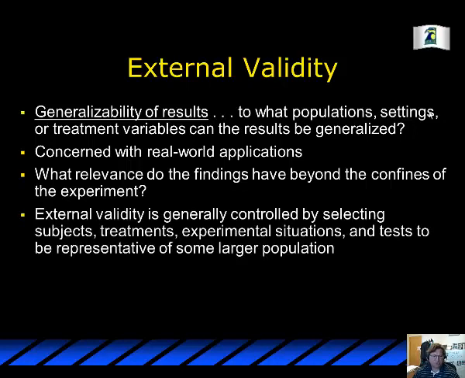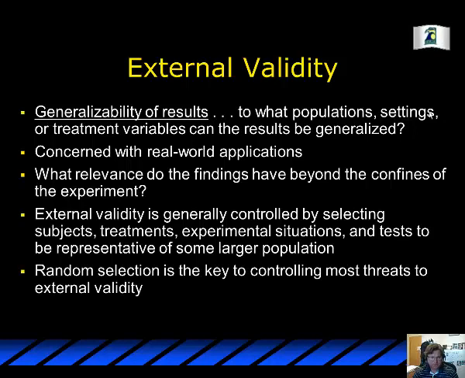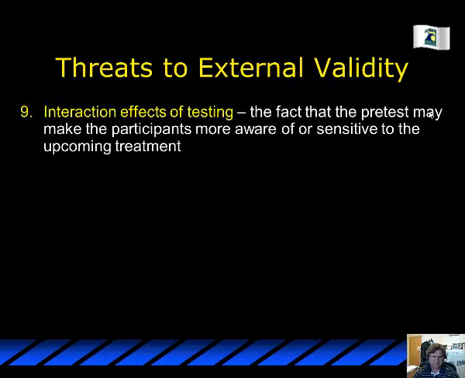We generally control external validity by selecting subjects, the treatments, and the experimental situations, and test to be representative of some larger population. And random selection is key to controlling most threats to external validity. We talked about in the last lecture about the word randomization being a magic word in sampling participants.